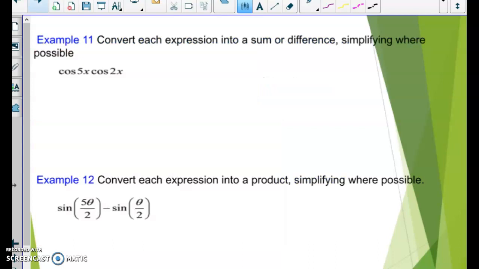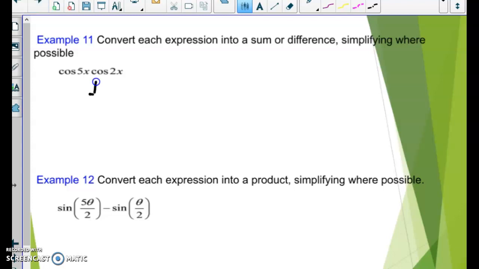Let's do the first example here. If I have the cosine 5x times the cosine of 2x, we're going to use the product to sum formula. And there are four of them. If we look, we can see that this is a cosine times a cosine, so there's only one formula to use.